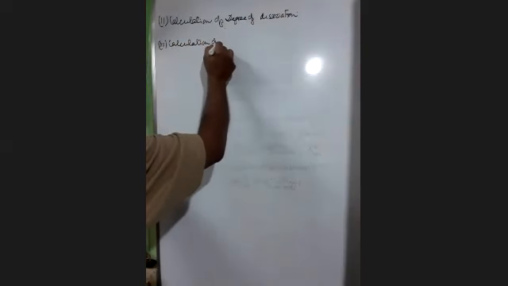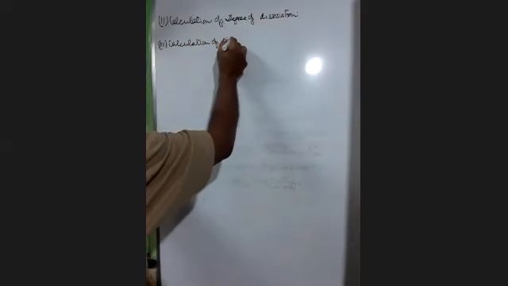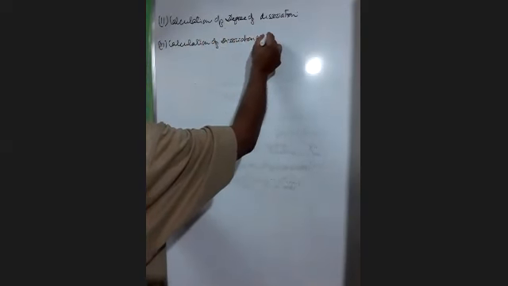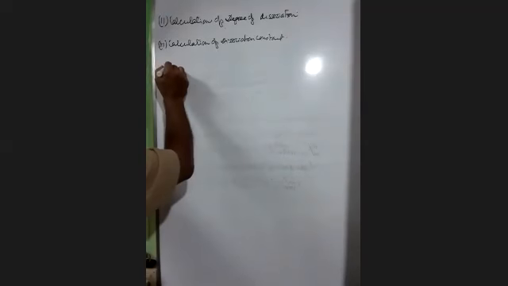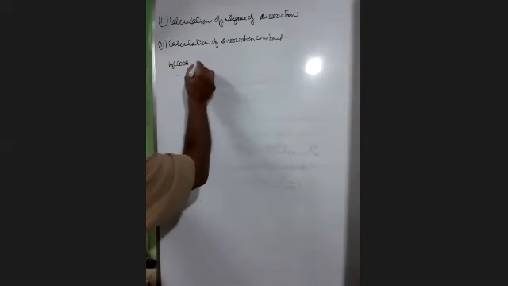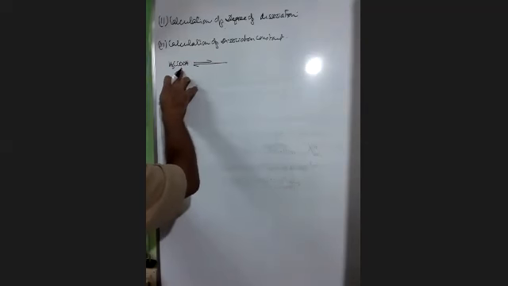Calculation of dissociation constant. Okay, see here. For a weak electrolyte, let us say acetic acid. We have taken acetic acid. It means it has not gone for complete dissociation. Complete dissociation, we give only a single arrow.